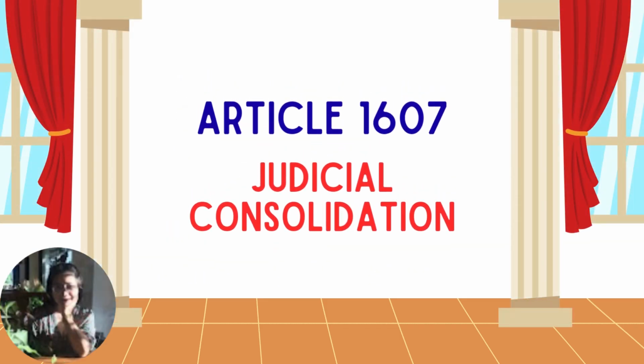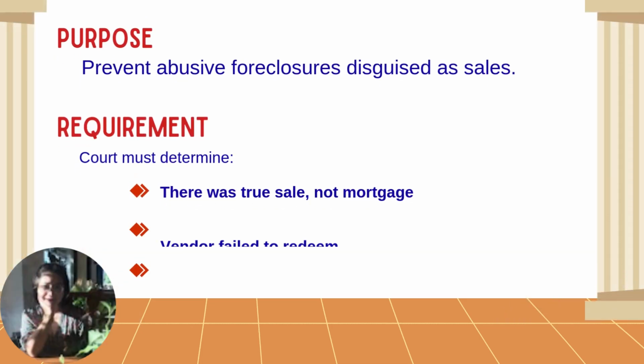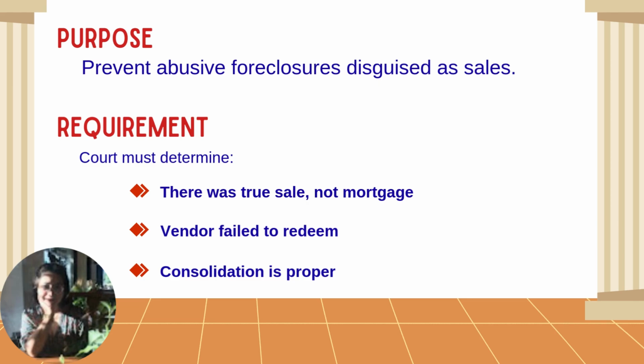Article 1607, judicial consolidation. This article is a legal protection for the seller in the sale with the right to repurchase, or pacto de retro, particularly when the property is real property. So it mandates that if the vendor fails to repurchase the property by returning the funds required by Article 1616, the buyer cannot automatically record the consolidation of full ownership in the registry of property.